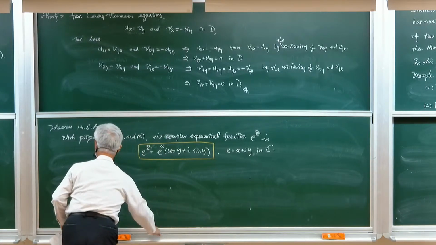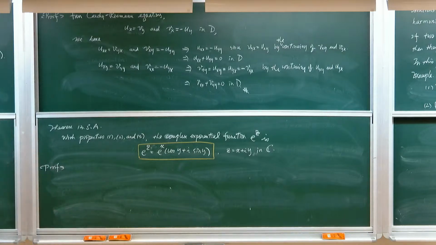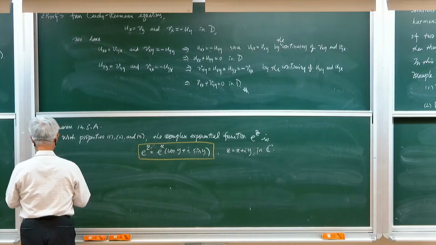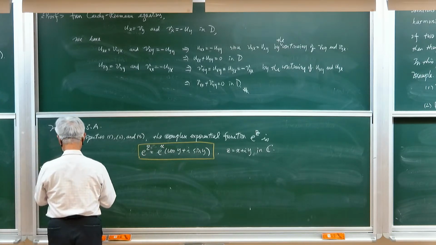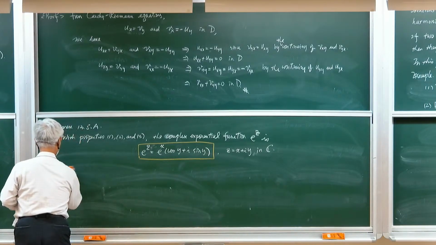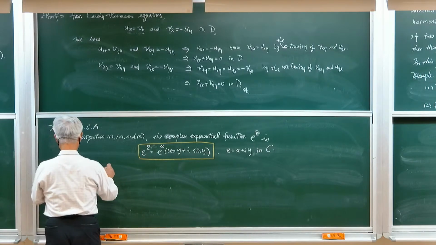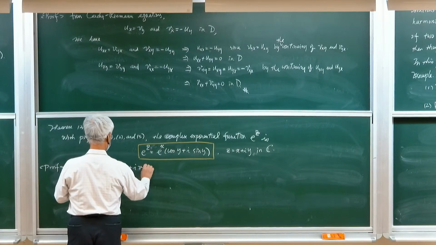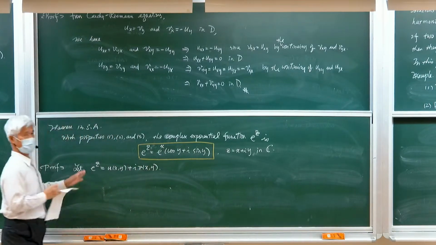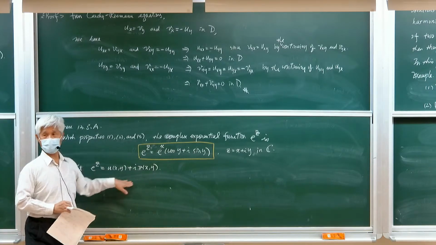Okay, all right. So here is the proof. By 1, we let E(z) be U(x,y) plus i V(x,y), because any complex function has a real part and an imaginary part.